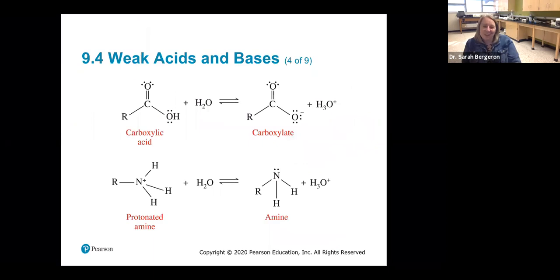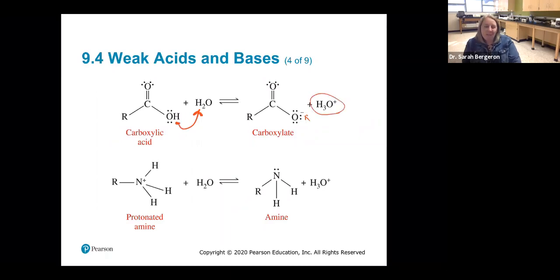Okay, so for example, if we look at some of our functional groups that are charged, we had a carboxylic acid. We know it can lose this hydrogen. This hydrogen can go hang out with this water, and we can make a carboxylate ion, which is charged, which is negative, and we can make a hydronium ion, which is positive.